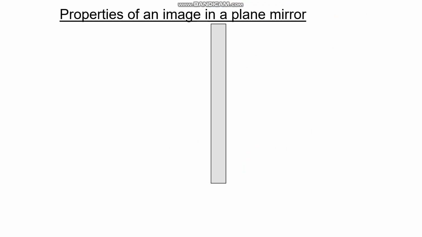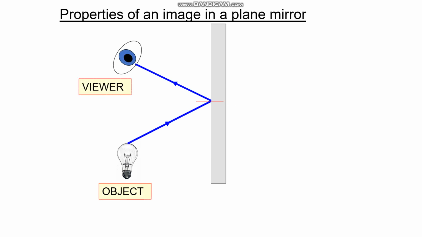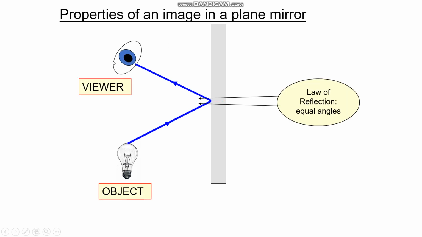Okay, in the last part of the lesson we're going to look at the properties of an image in a plane mirror. How does the image compare with the object that's reflecting in the plane mirror? So our object is going to be a light bulb, and here is our viewer, the person who's looking in the mirror. And in order to see that light bulb, rays of light have got to pass from the object into his eye.